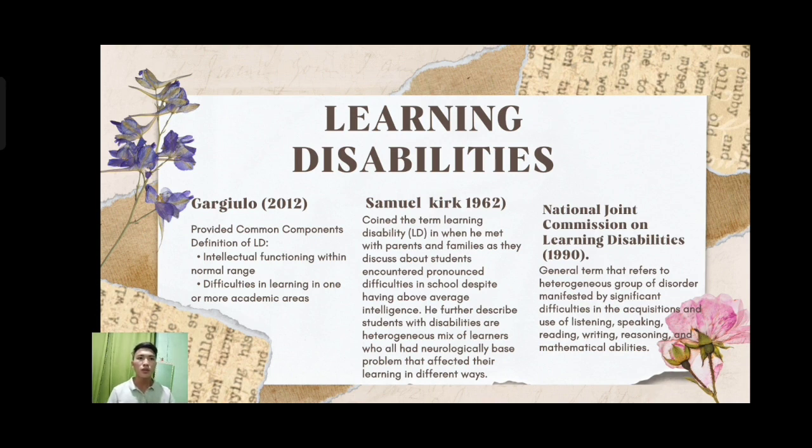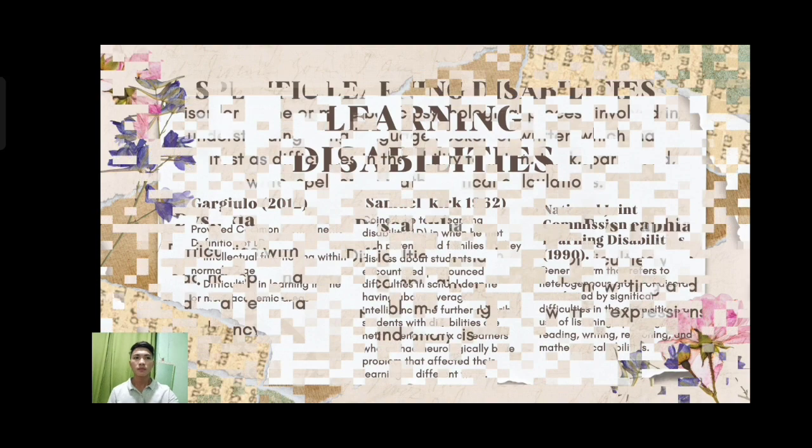The National Joint Commission on Learning Disabilities in 1990 defined it as a general term that refers to a heterogeneous group of disorders manifested by significant difficulties in the acquisition and use of listening, speaking, reading, writing, reasoning, and mathematical abilities.